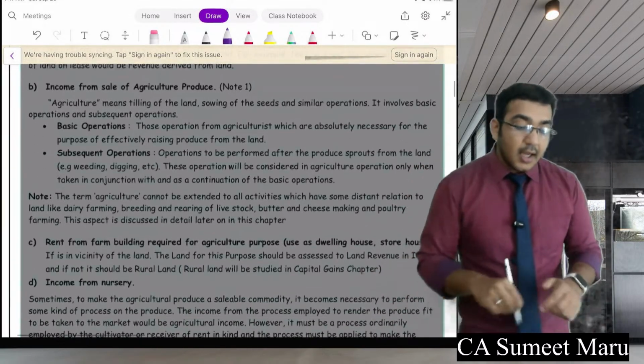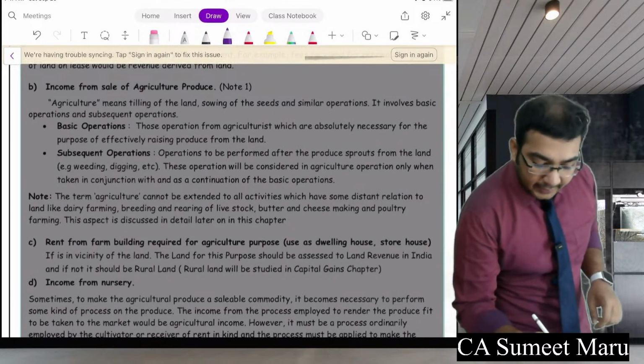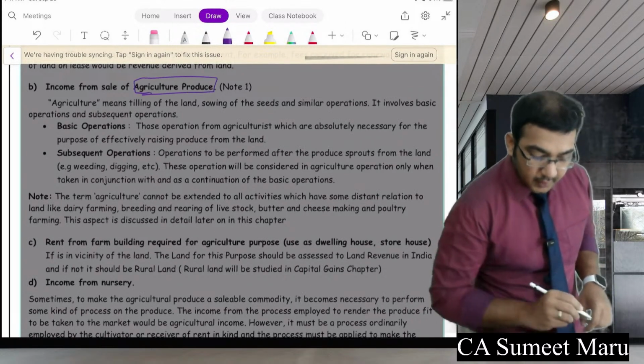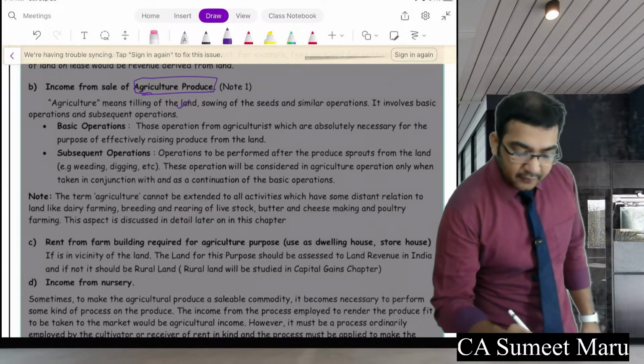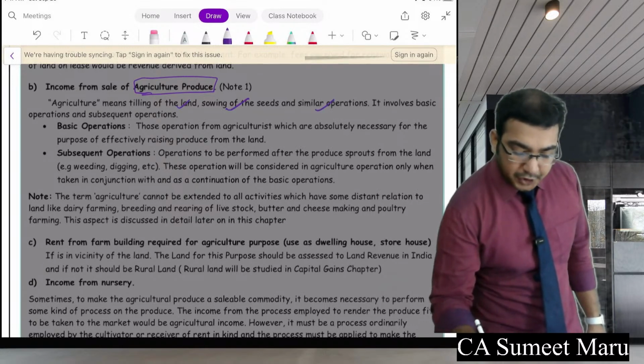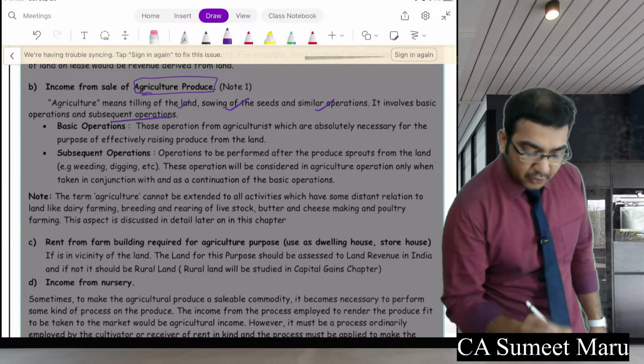Second, income from sale of agriculture produce. Agriculture means tilling of land, sowing of seeds, and similar operations. It involves basic operation and subsequent operation.